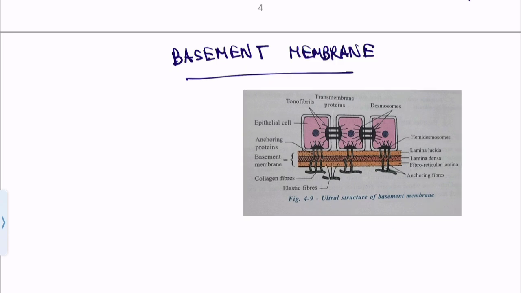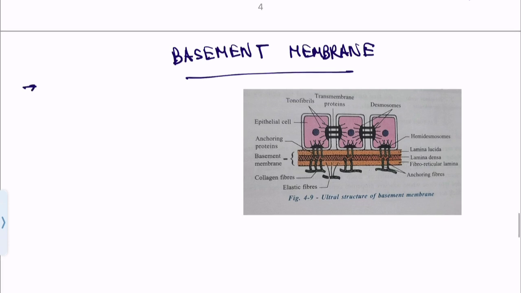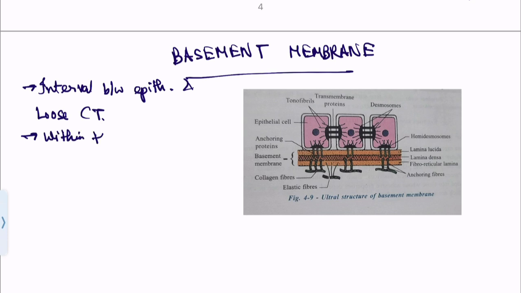Now we will discuss the basement membrane. We all know that the cells of epithelial tissue or glands rest on a basement membrane. So it is the interval between epithelium and loose connective tissue. It is found within the connective tissue around muscle cells and capillary endothelium.